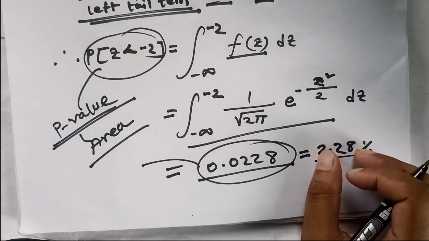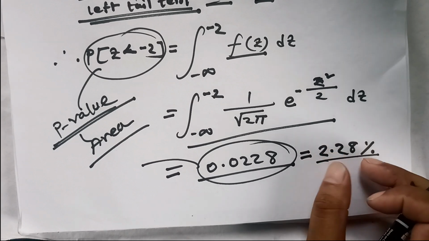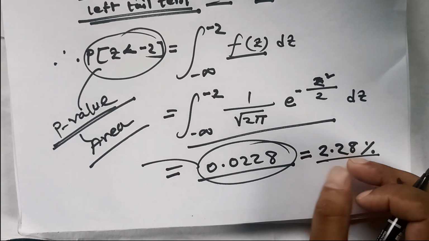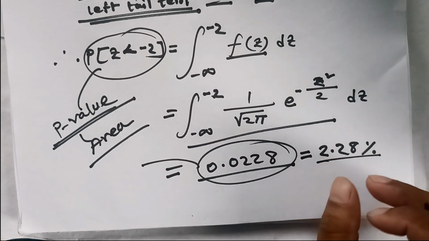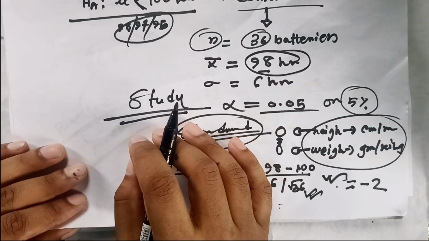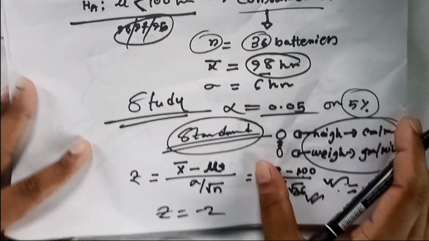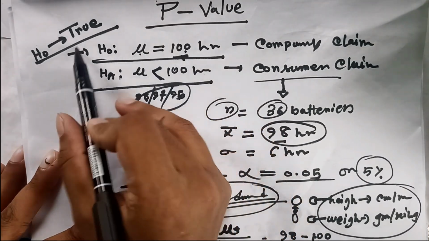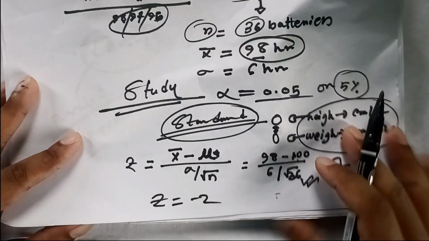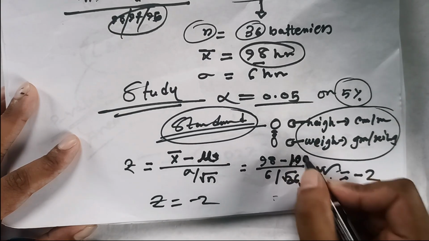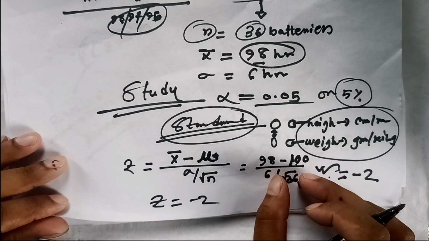This p-value means that if our null hypothesis is true, then there could be a 2.28% chance that we see some sample statistic of 98 hours. You don't understand? Again, let's understand. We condition on the null hypothesis, and when we use standardization, we consider that the null hypothesis is true.